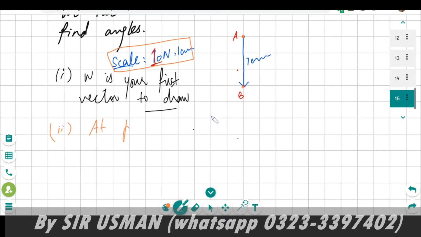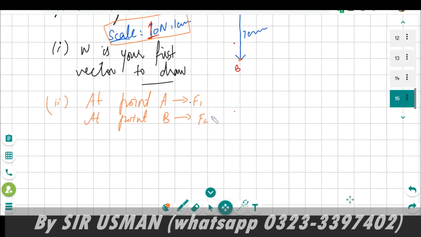At point A we have F1, and at point B we have F2, right? You can swap it, like at point A you have F2, and at point B you have F1. So it can be in any way.